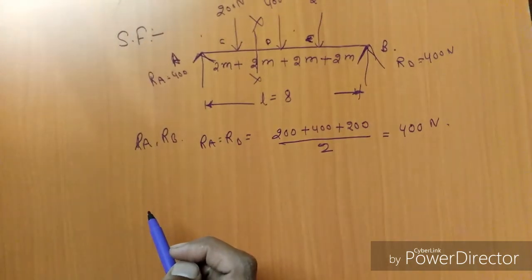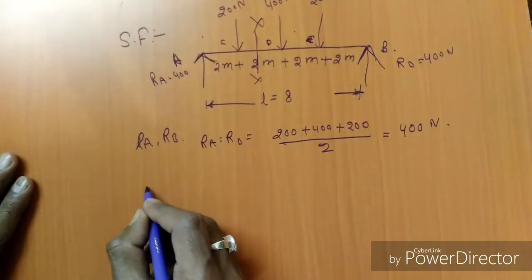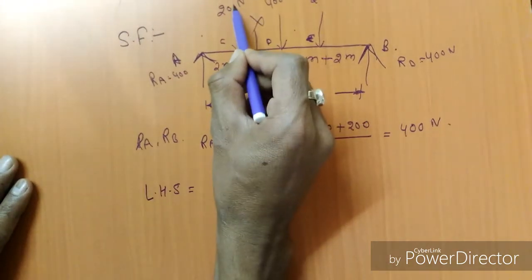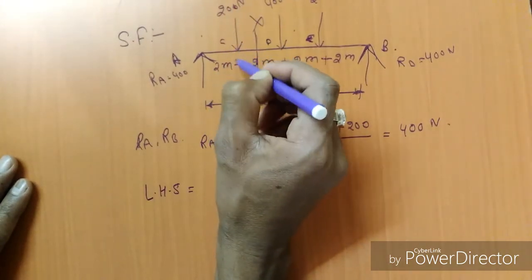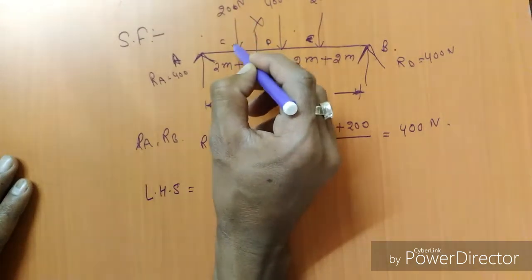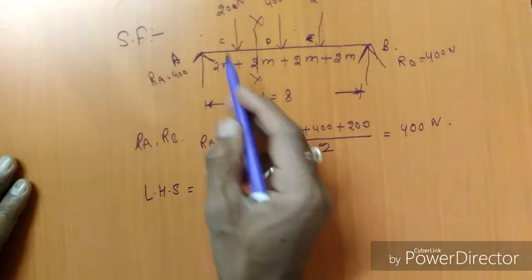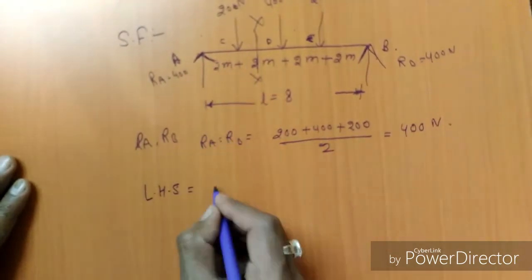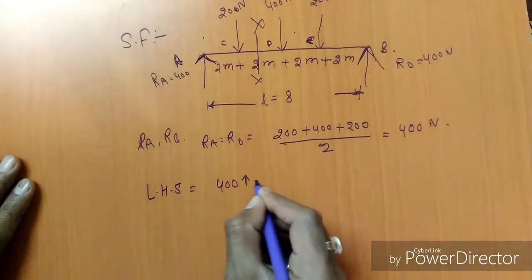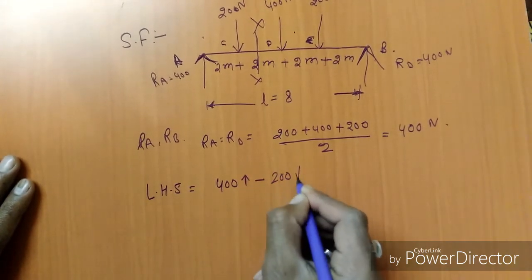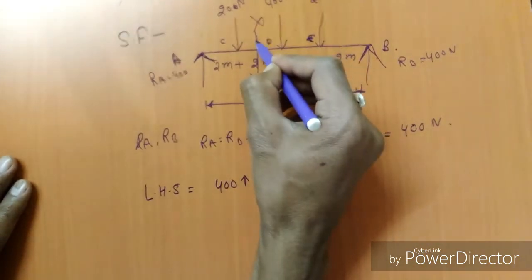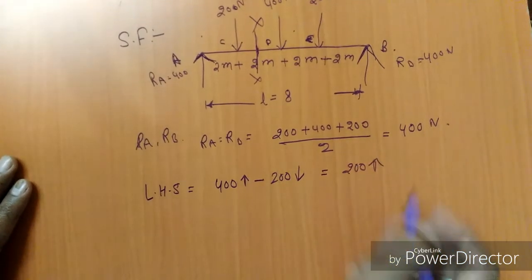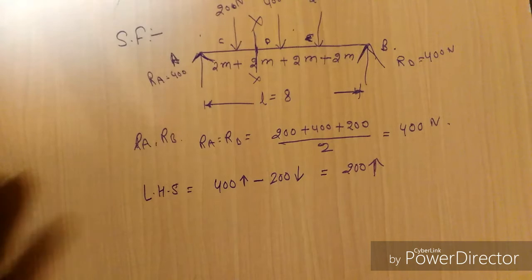For the left hand side, only one load of 200 Newton is acting at point C, which is downward in direction, and one reaction acting at point A, which is upward in direction, that is 400 upward and 200 downward. Hence the resultant force acting at this section is 200 upward.